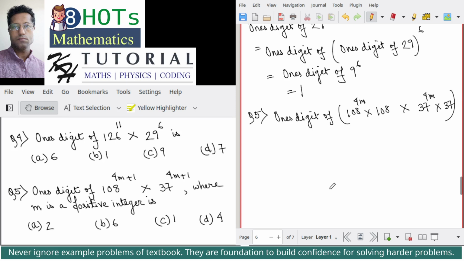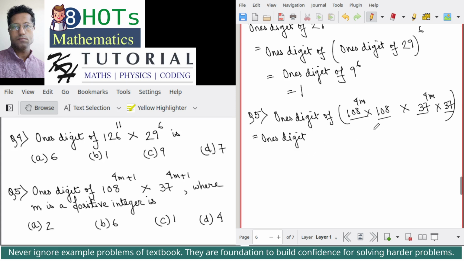So this is equal to the ones digit of a product of two numbers, or you can also consider this as a product of four numbers: this number, this number, this number, and this number.